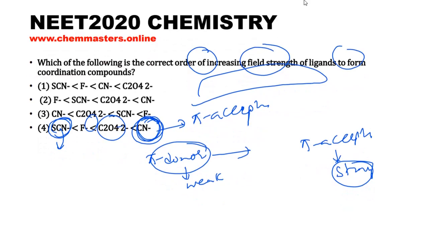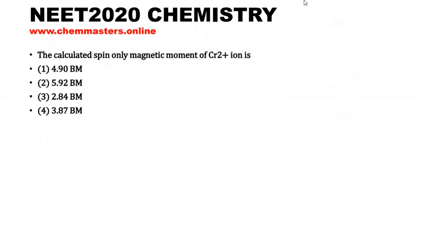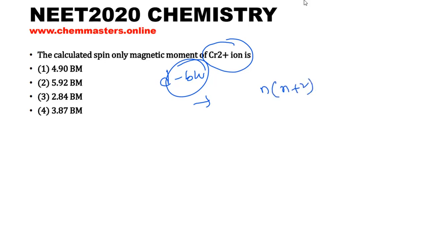Okay, right. Next question. The calculated spin only magnetic moment of Cr plus 2 ion is. For d block elements, we can use the formula to calculate spin only magnetic moment as square root of n into n plus 2 Bohr magnetons. Here n indicates the number of unpaired electrons.